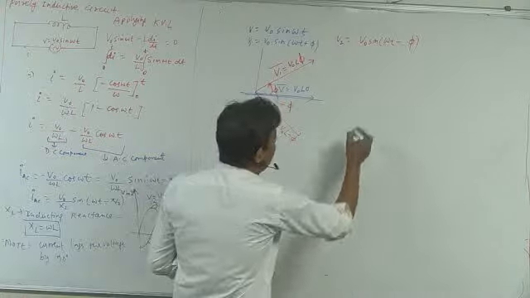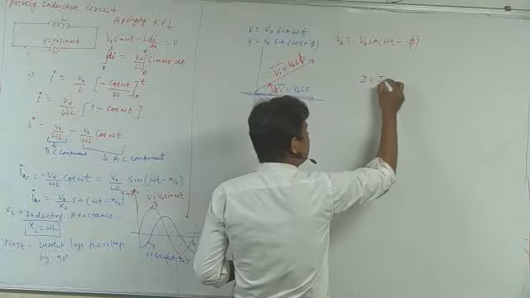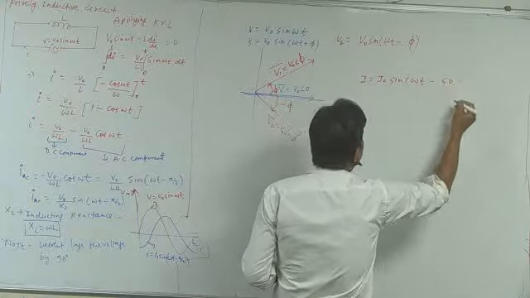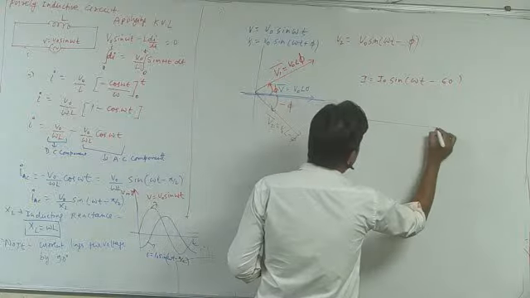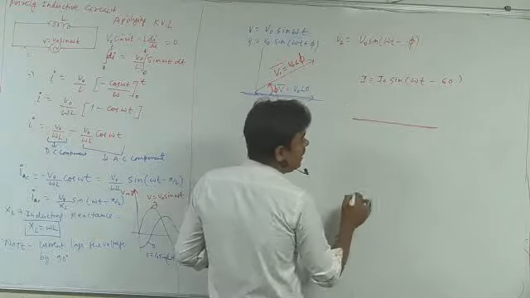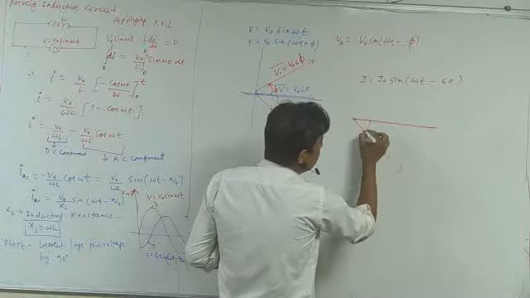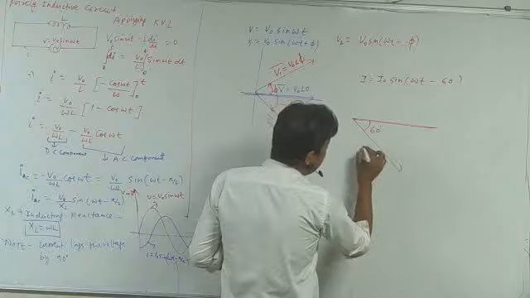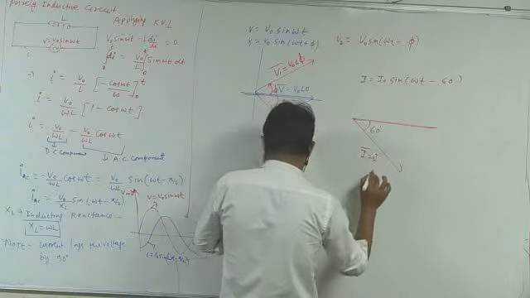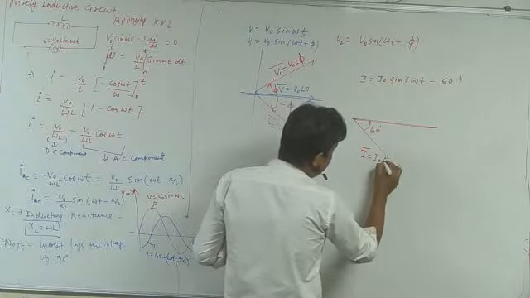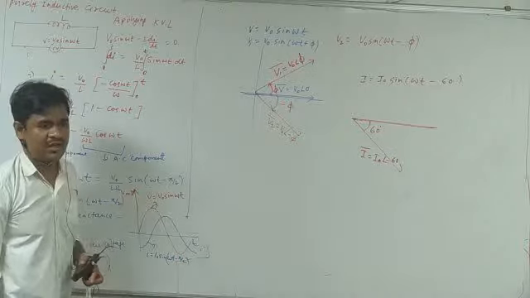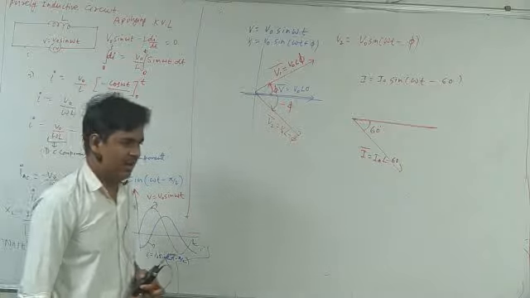Suppose I say that I equals I naught sine of omega t minus 60 degrees. That means this is the reference line omega t, and it is 60 degrees below. This is the I phasor, no arrow, simply a bar: I naught angle minus 60. Is that clear? Understood?